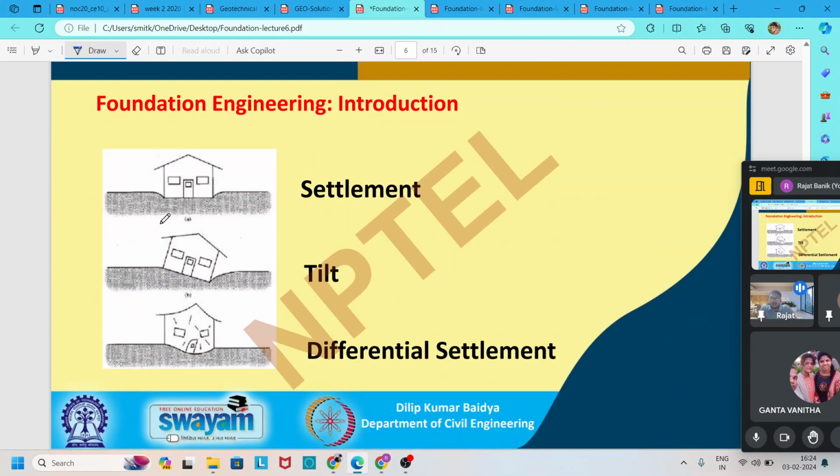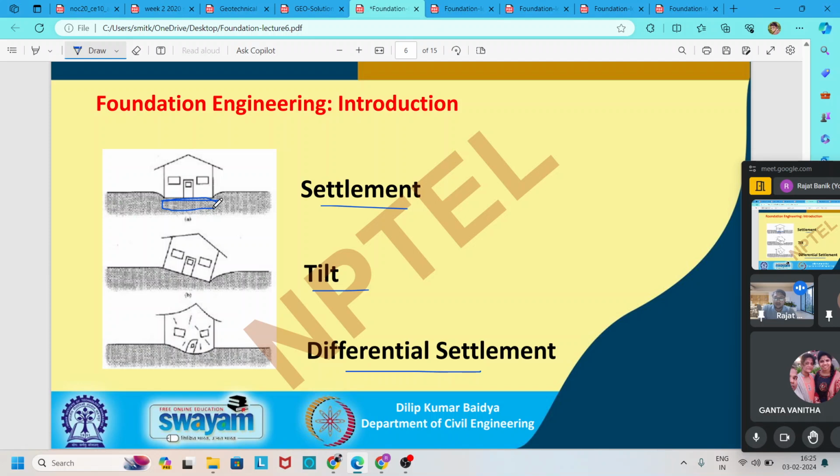Then here one figure is given for what is settlement, what is tilt, what is differential settlement. Settlement means if the soil below the superstructure is weak, and it is weak uniformly throughout below the superstructure, then the structure may go down due to the gravity load into the ground surface.